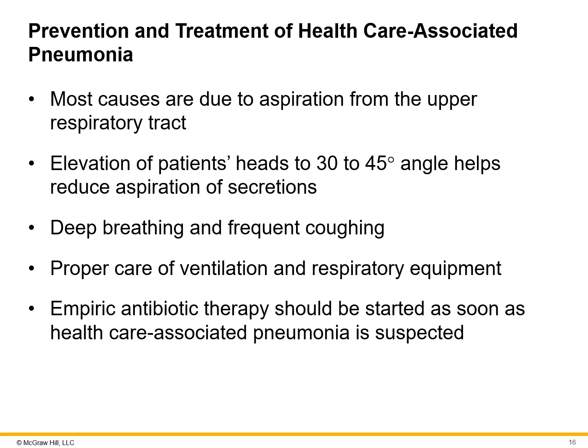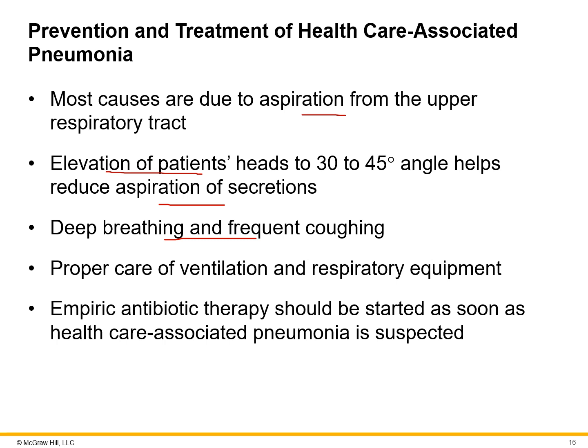So for prevention and treatment, most are due to aspiration from the upper respiratory tract. Keeping patients' heads elevated especially helps to reduce the aspiration of secretions that brings it in there.